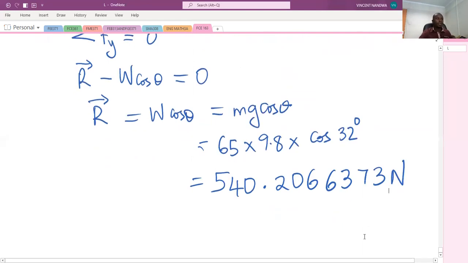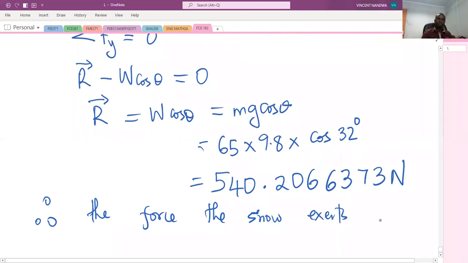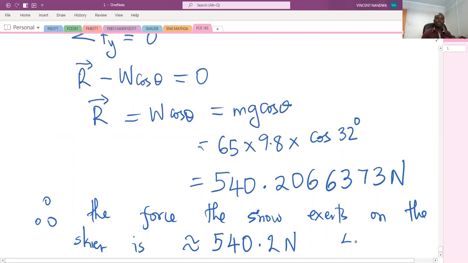Therefore, the force the snow exerts on the skier is approximately 540.2 newtons, to four significant figures. So that's how we solve that problem. Thank you.